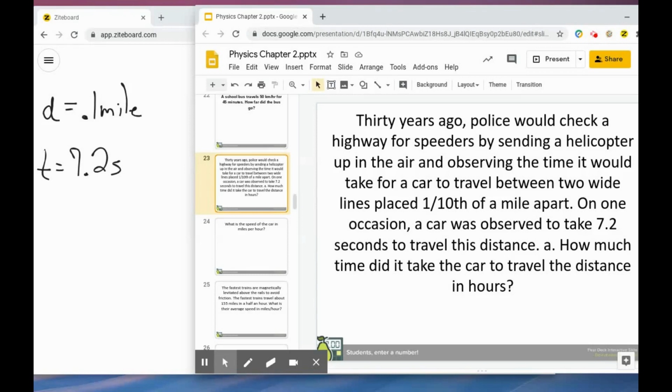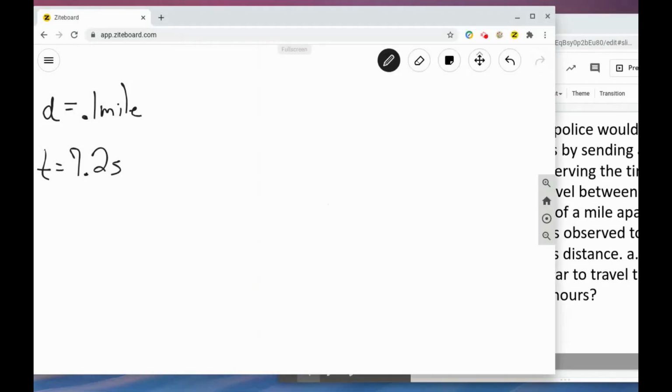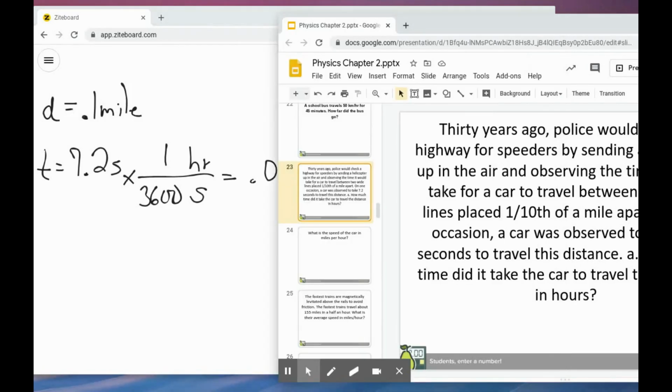This just says how much time did it take the car to travel the distance in hours. So really all we're doing at this point is we're going to convert the seconds to hours. So 3,600 seconds in 1 hour is 0.002 hours.